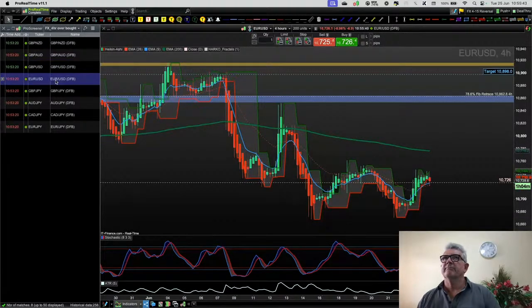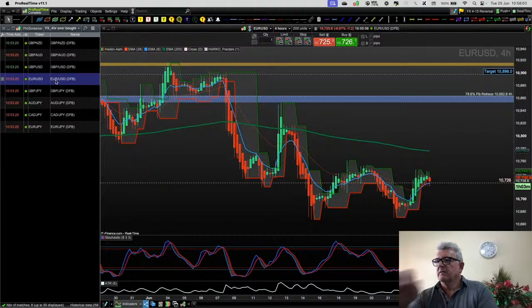Euro USD. That's done exactly the same. The market is short at the moment, and it's overcooked on the 4-hour. As far as the euro is concerned, on the Richter scale, it's at 3.43.